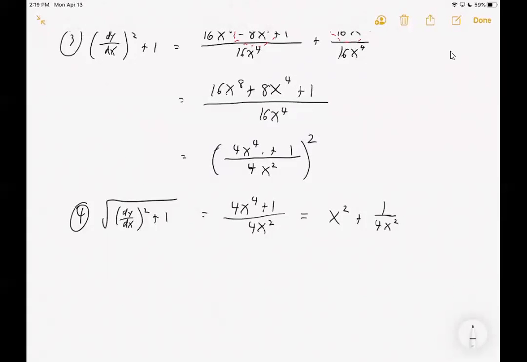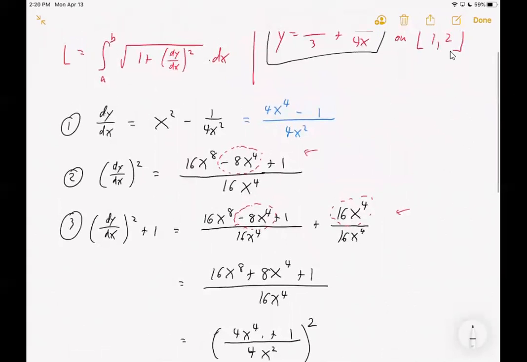That's easier for doing the calculus. So now I'm ready for step 5. The length is simply the integral from, I believe we were going from 1 to 2. By the way, we don't want to put 0 in because we can see the derivative will not be defined at x equals 0, which is why the problem goes from 1 to 2.